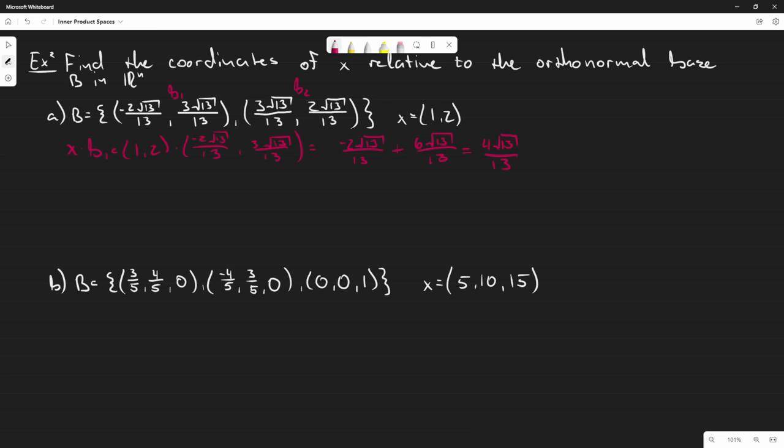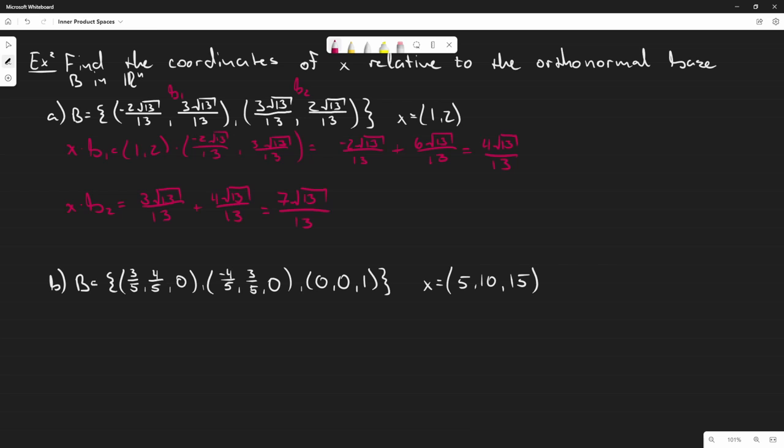So now the other point is the same thing, but instead of b1, you're dotting it with b2. They are flipped, so we have 1 times 3 root 13 over 13, which is 3 root 13 over 13. And then 2 times 2 is 4 root 13 over 13, which is 3 plus 4, which is 7 root 13 over 13.